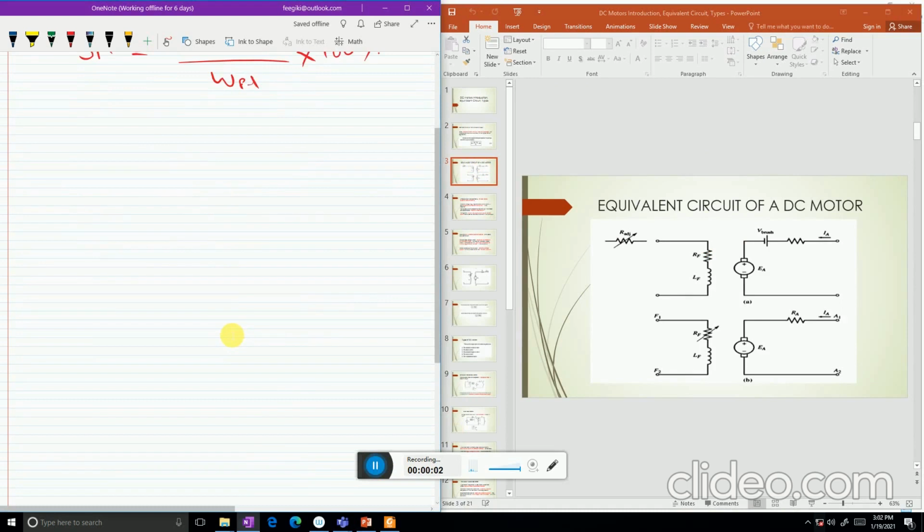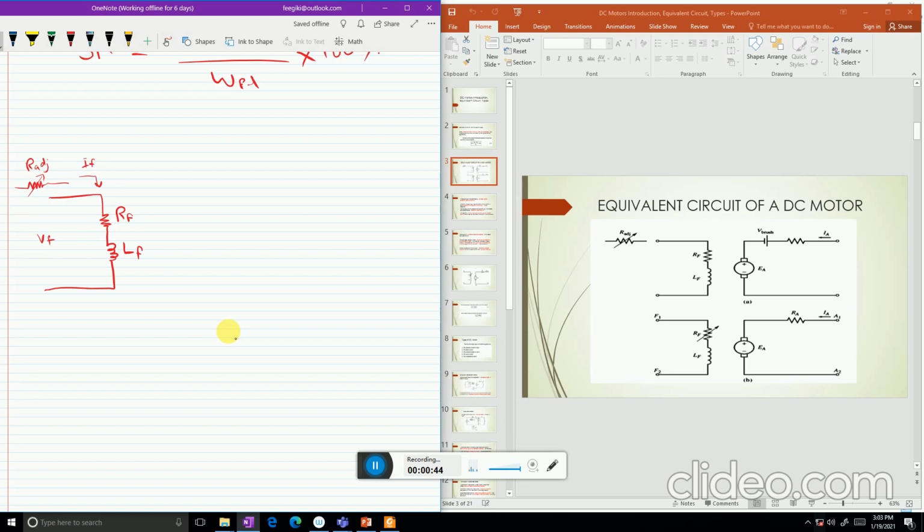Now the equivalent circuit of a DC motor can be derived as follows. This is the field coil, this is the field coil resistance, and this is its inductance, denoted by LF. This is a small adjustable resistance to control the field current, and this is VF.